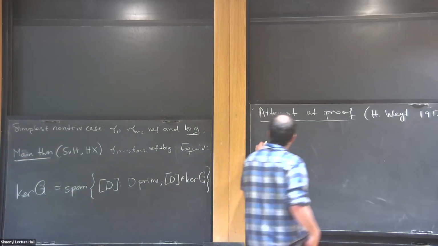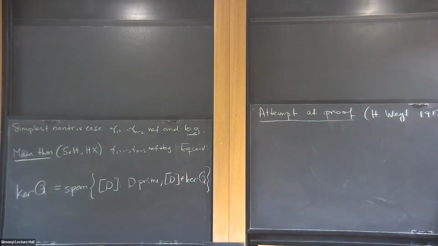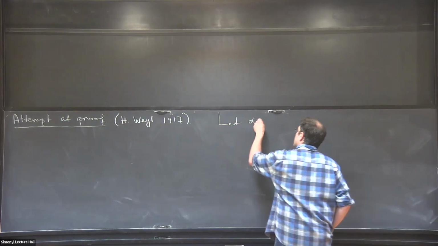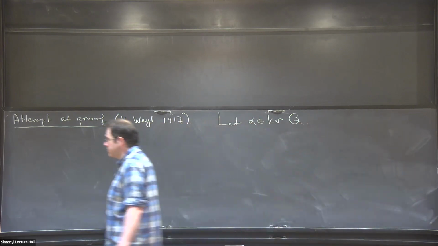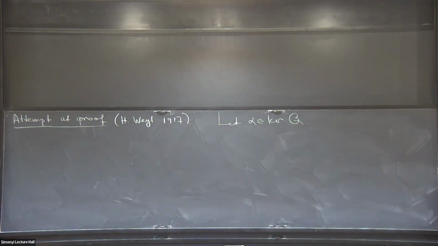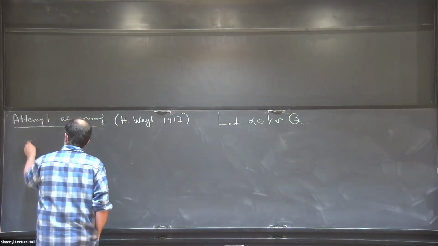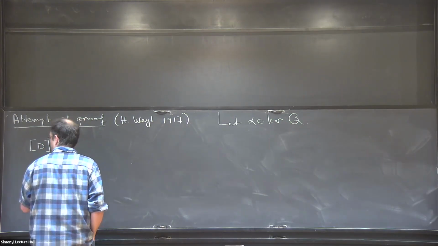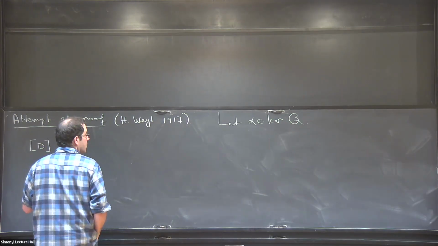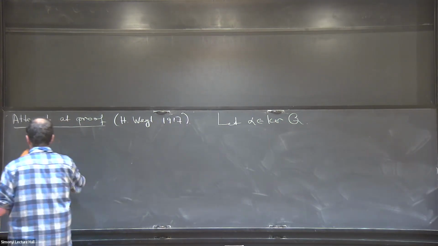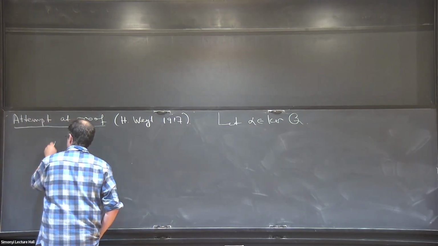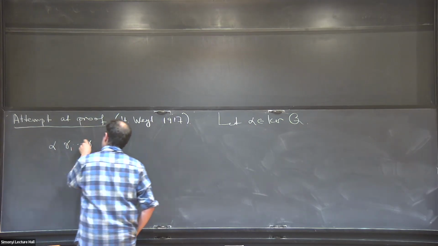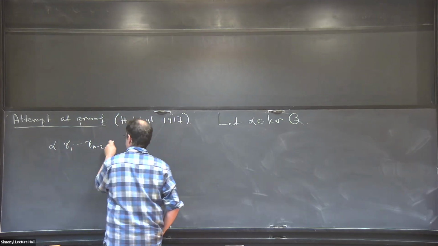So remember that we're starting with an element in the kernel. Let me write again what this means. It means that alpha dot gamma 1 through gamma n minus 2 is 0.